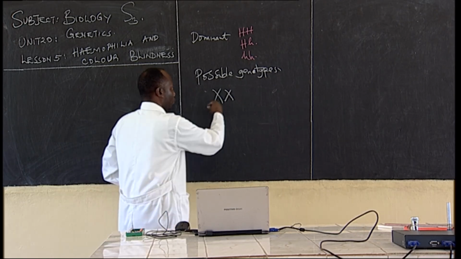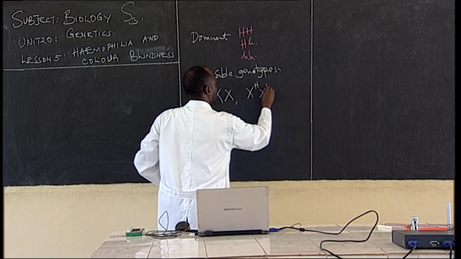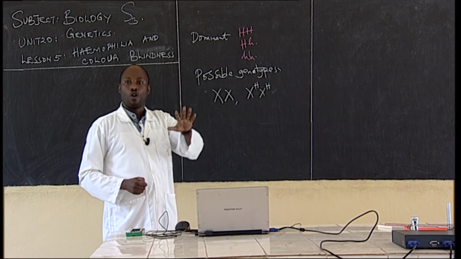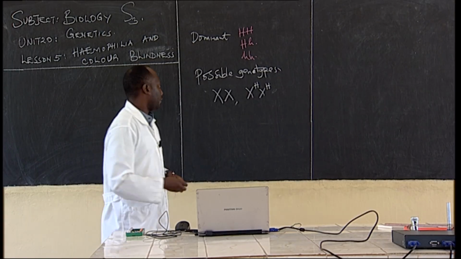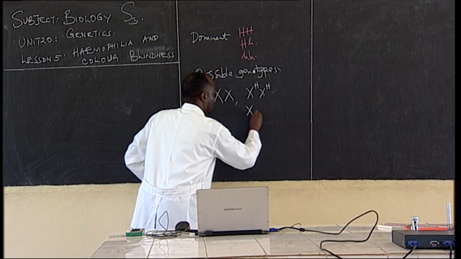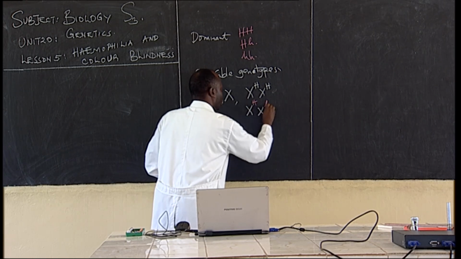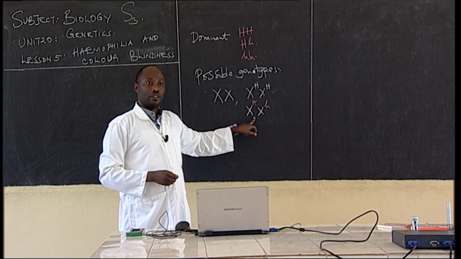If I have the possible genotype here, I can have X with capital H and X with capital H. That is a normal female or a normal mother. If I have X with capital H and X with small h, that woman is normal but a carrier.